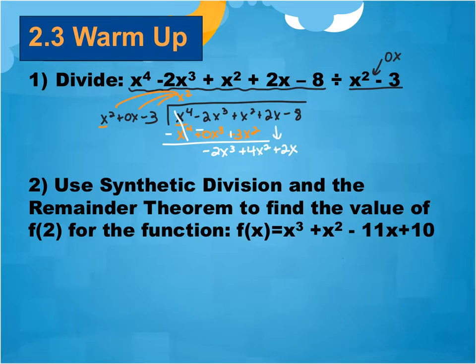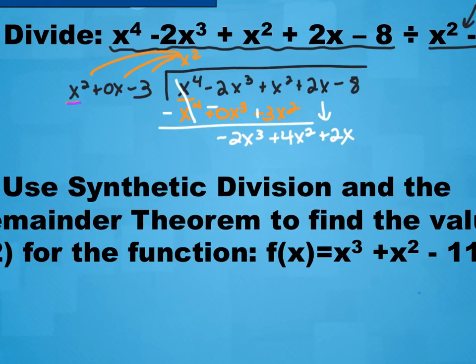Again, x squared into negative 2x to the third would be a negative 2x. Multiply it times each of the terms on the outside. And I get negative 2x to the third plus 0x squared plus 6x. Change your signs. These cancel. 4x squared minus 4x.